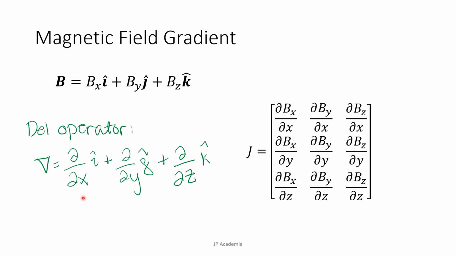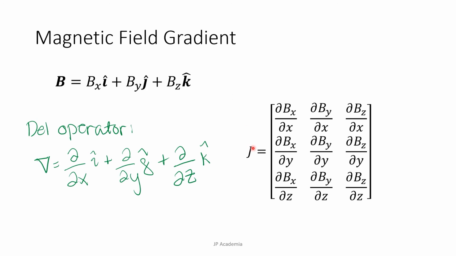And the del operator of B is just a Jacobian, or a second-order tensor, shown here. When we say Jacobian, it is a matrix of partial derivatives of the principal components of the magnetic field. Thus, it gives us a view of all the changes of each vector component along each coordinate axis.